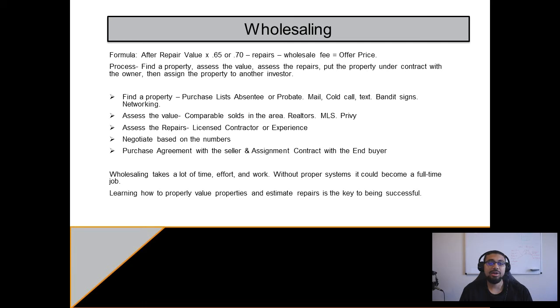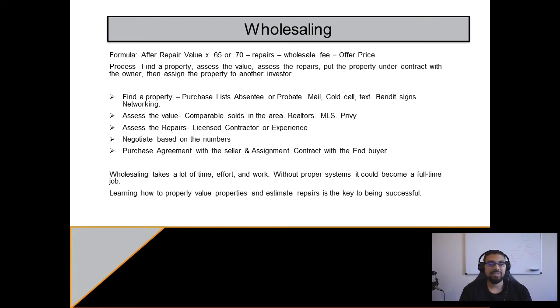The repair estimate that I used was $55,000. I needed $55,000 in this property for it to be a deal. What's the after repair value? In that neighborhood, homes were selling between $145,000 and $155,000, depending on what you put in there. So I used the number 150.